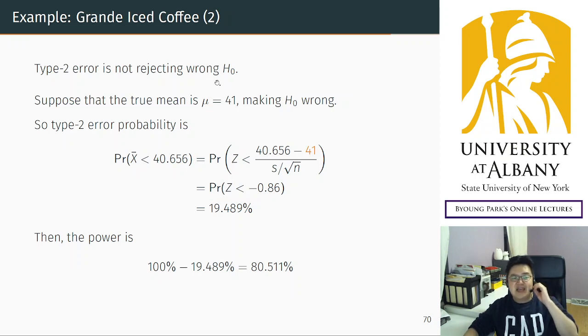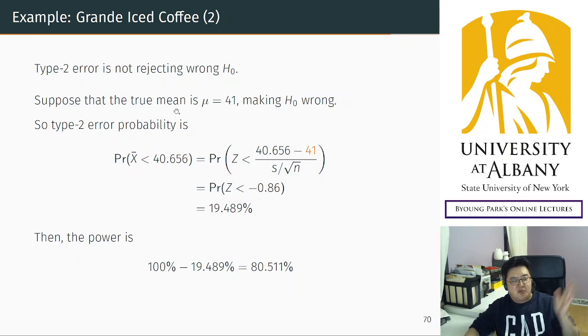And in this case, in upper tail test, you should choose a value that is on the upper tail, because if you choose, say, 39, then it doesn't make sense, because in that case, H0 is not wrong. Like the served temperature is lower than 40 degrees, then that's okay. It's not rejected. It's not punished.